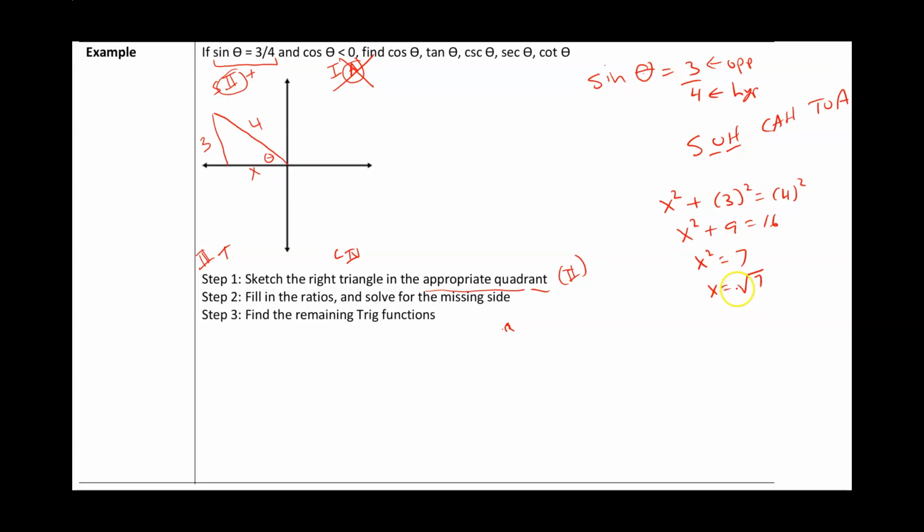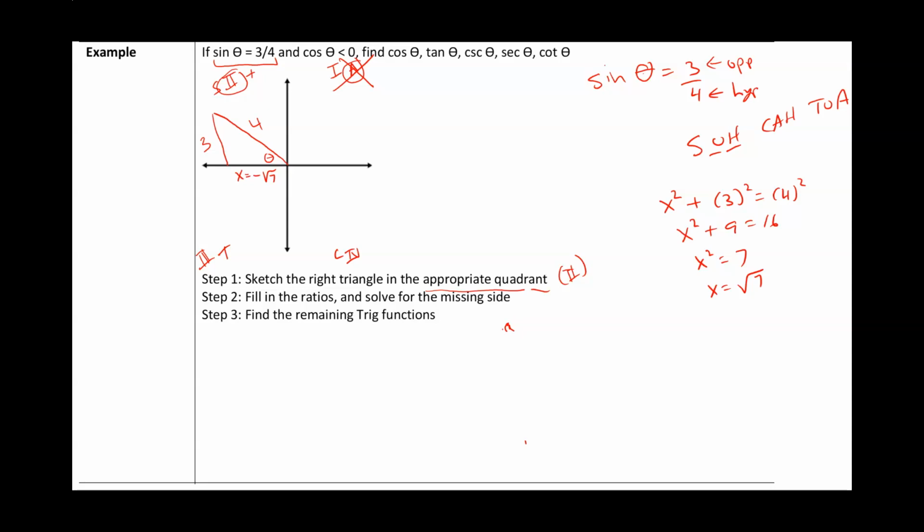Remember, any time you take the square root of a variable, you get plus or minus, but we keep the positive value because x is distance. However, because x is going in the negative direction, it's actually going to be negative radical 7. So x is negative radical 7.